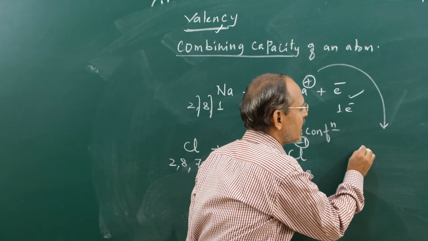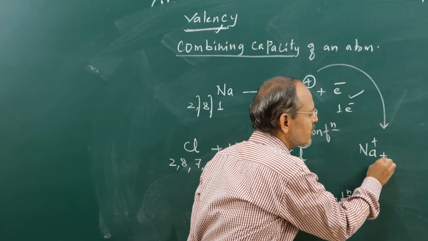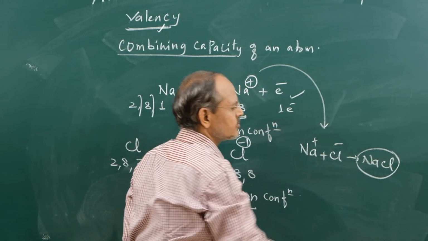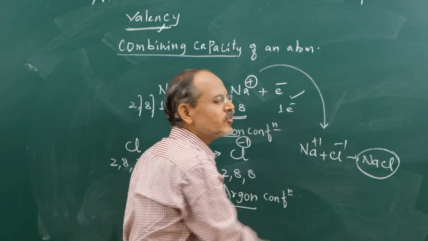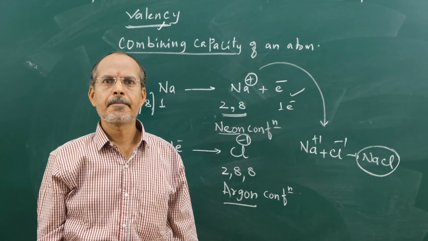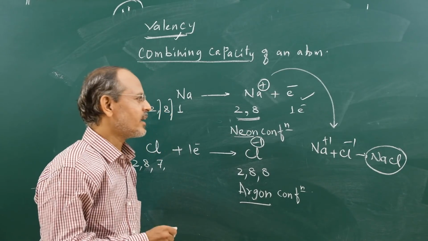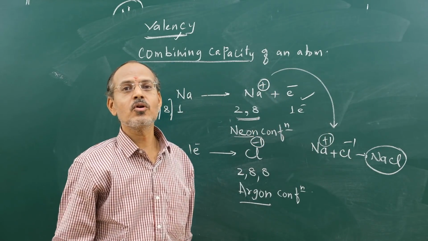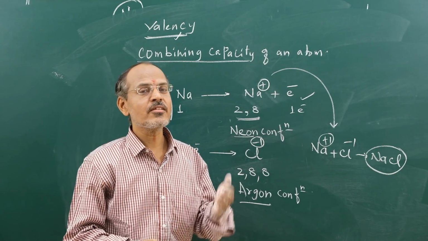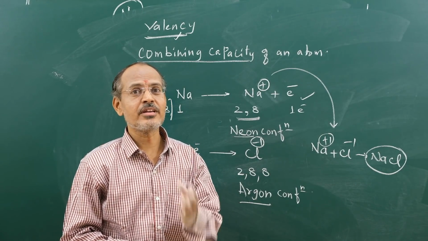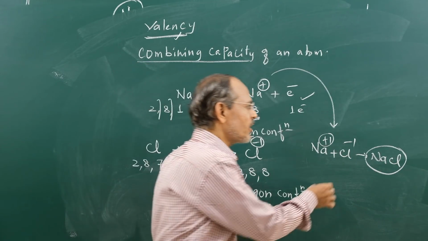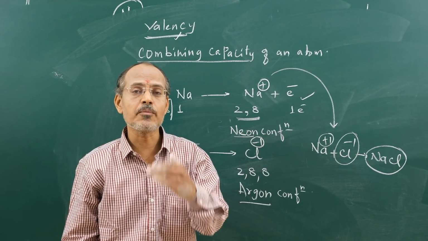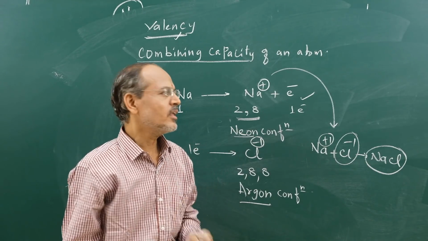Hence, when I write sodium chloride, Na plus and Cl minus give rise to NaCl, because it is plus 1 and this is minus 1. So now I can say sodium is monovalent. Mono means one, valent means valency. It has the capacity to give one electron. So I can say chlorine is also monovalent because it also has the capacity to get one electron.